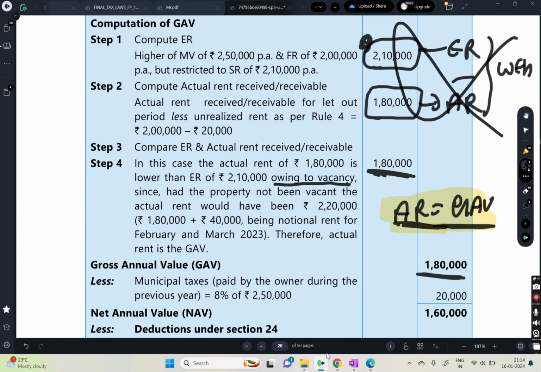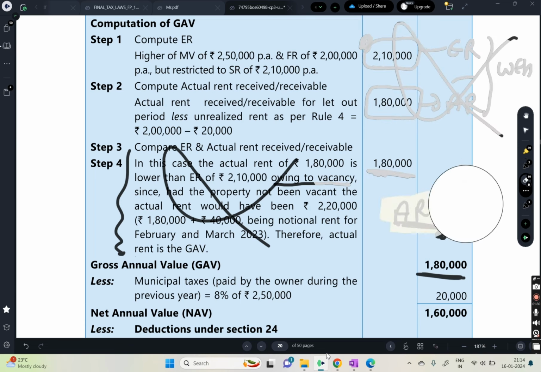We don't apply the whichever-is-higher concept here, because the property is vacant for part of the year due to vacancy. Everybody understood? By reading this, I kind of confused it. Forget about this. So you understood this part. Tisha, can I move on?